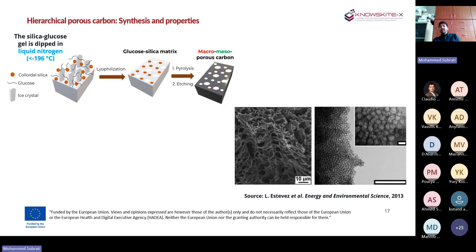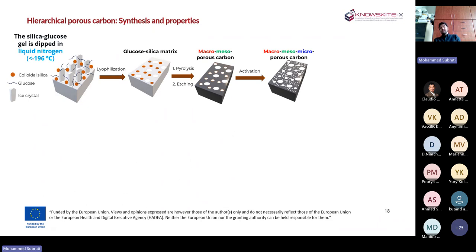And finally, in the walls of the mesopores, you introduce the micropores, which are less than 10 nanometers, by activation, whether physical, by CO2 activation, or chemical, by using potassium hydroxide. So finally, the final material has macro, meso, and micro porous carbon, or hierarchical porous carbon.